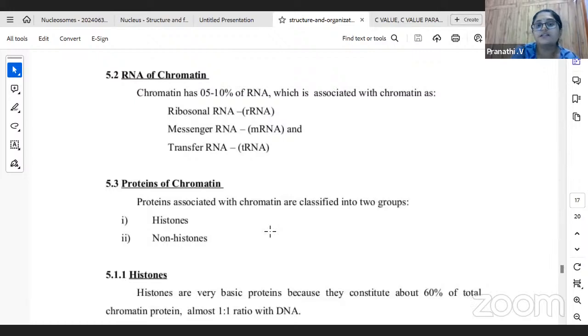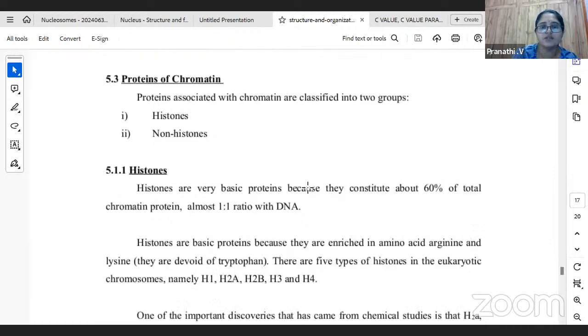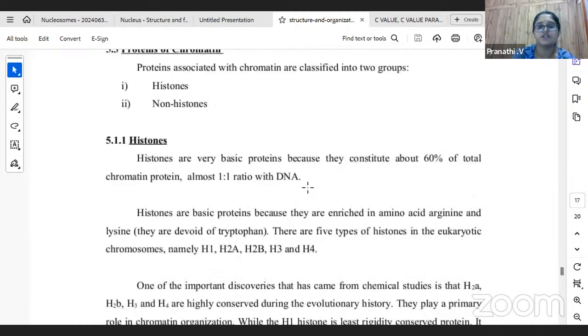Now, what are the proteins present in the chromatin? Histones and non-histones. Histones are H1, H2A, H2B, H3, H4. They are basic because of the positive charge and the amino acids that are present.